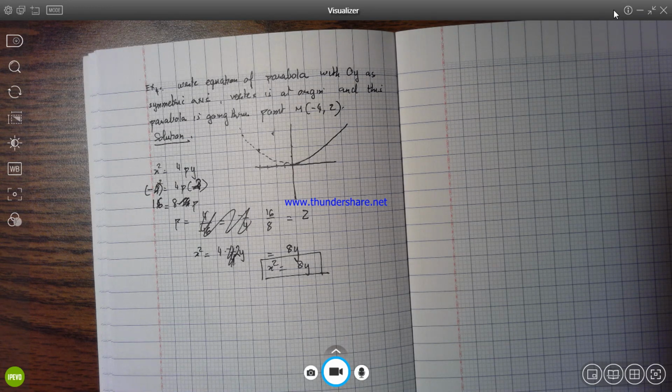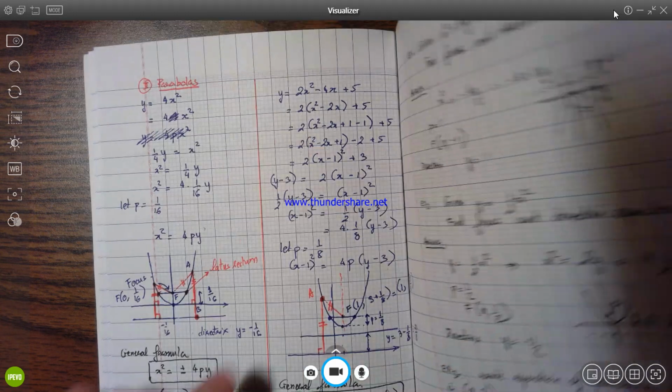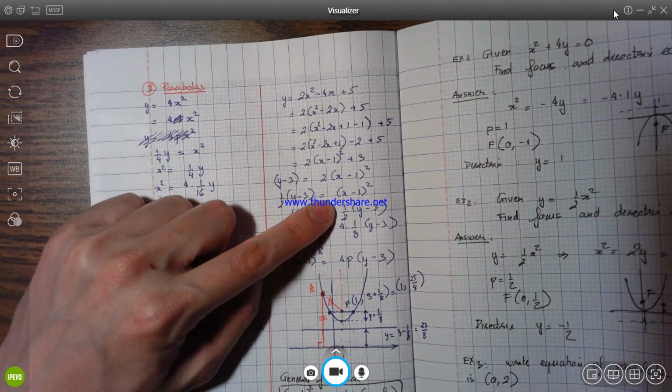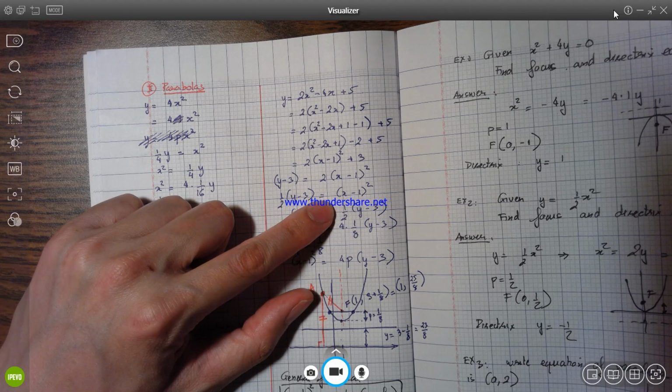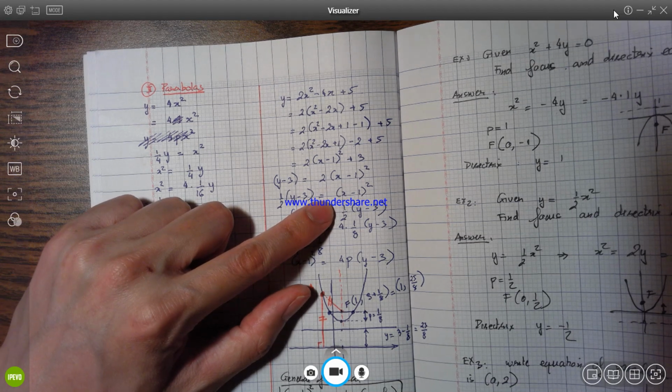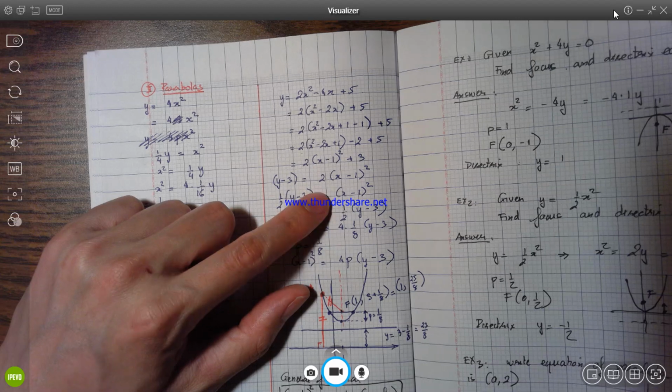So far, we have not done any example for the case when the vertex is another point other than the origin.